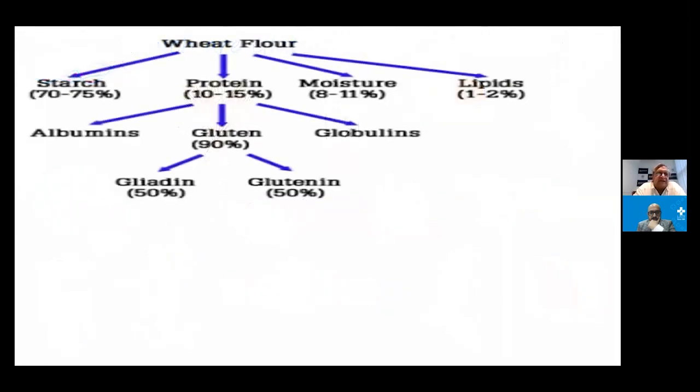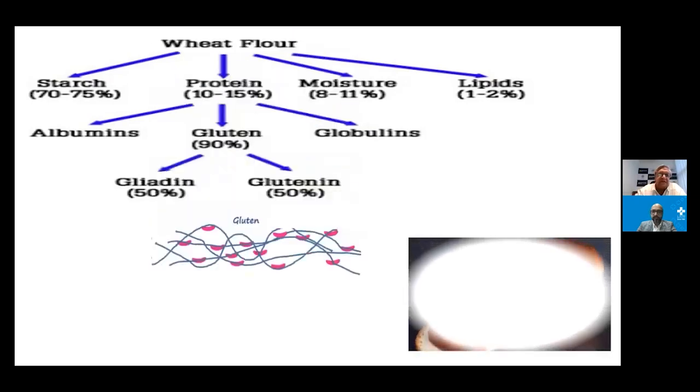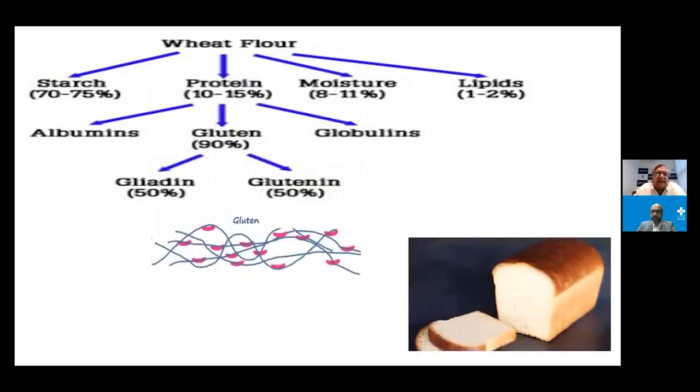Wheat consists of starch, protein, and lipids besides moisture. In proteins, you have albumins and globulins, but along with that, you have gluten. And then gluten can be divided into glutenin and gliadin.